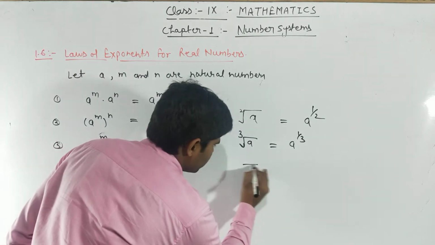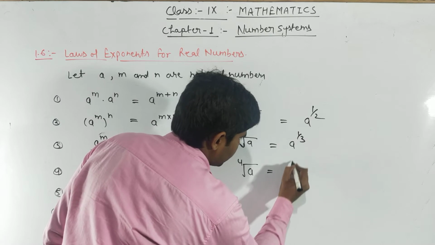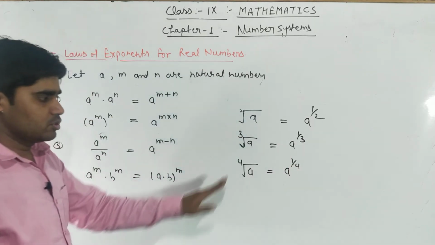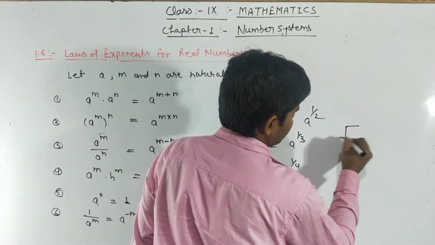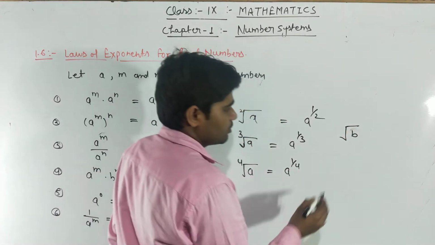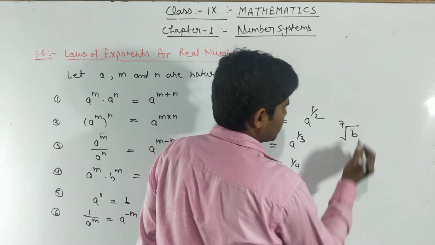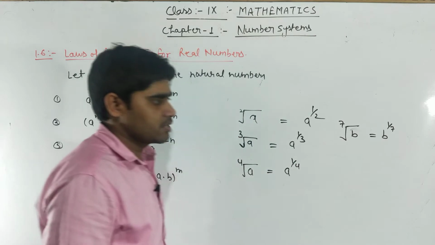What is the value of the fourth root? A raised to the power 1 by 4. Whatever the value is, it will come in the power 1 by 4. What is the value of a? Instead of a, b here 7. So this value is b raised to the power 1 upon 7.